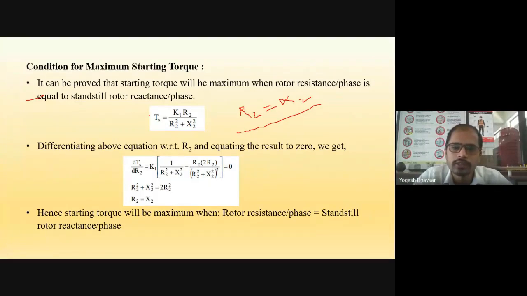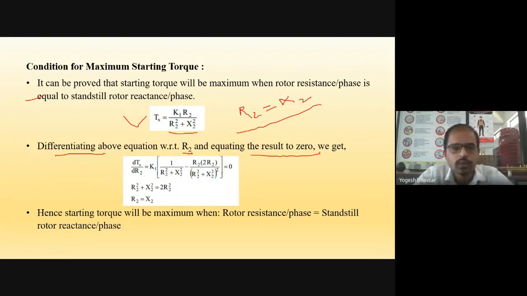So let us derive this relation. Consider the starting torque expression by excluding all the constant terms, but including resistance, because it is present in the impedance formula. So K1 R2 divided by R2 square plus X2 square. Differentiate our equation with respect to R2 and equate the result to 0.